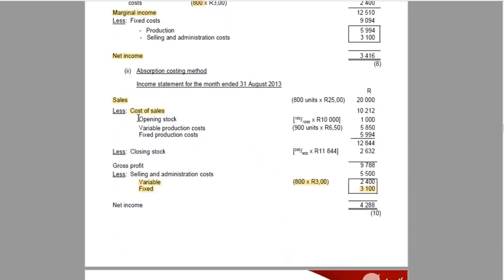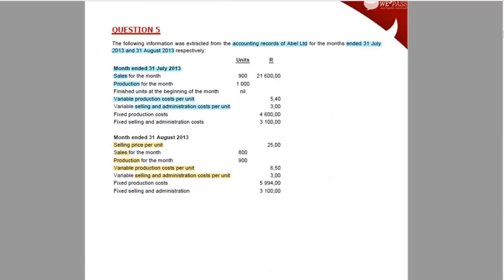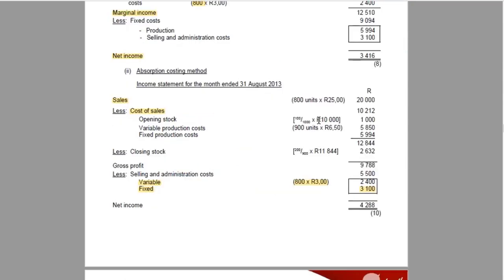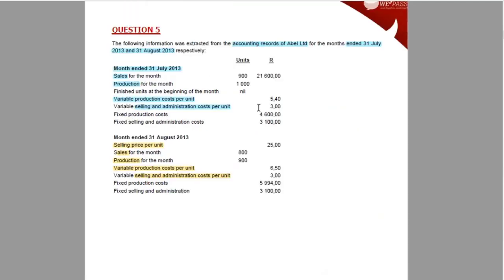Okay. Your opening stock in this instance, let's go here, is 10,000. So that means it's the total costs of both your variable and also your fixed production cost.